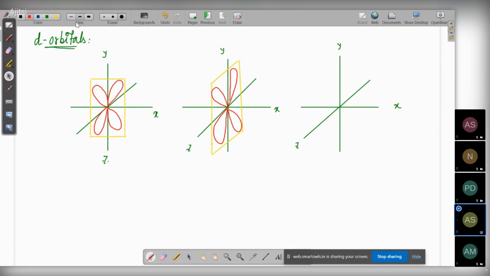Then what about the dxz? How to draw the dxz?